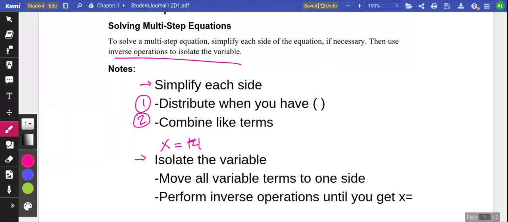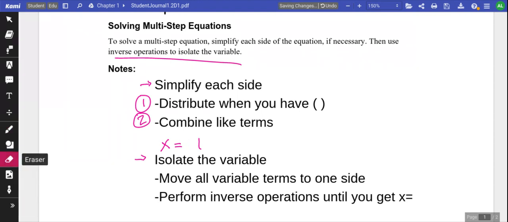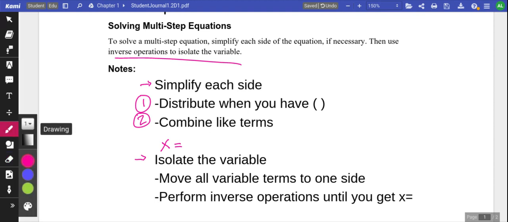Okay? So the first step is to make sure that you have all your variable terms on one side. If you have a 2x on one side and a 3x on the other, you've got to do something, inverse operations usually, to get just that x on one side, right?